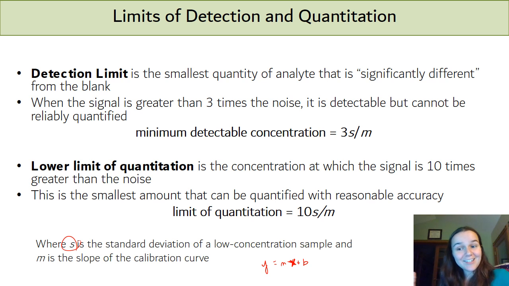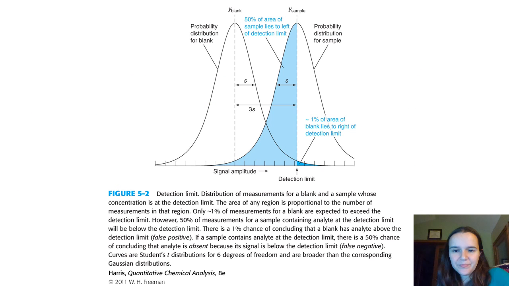Well, okay, if you can just detect it, can you really know that you've got it quantified accurately? The lower limit of quantitation is your concentration where the signal is 10 times greater than the noise. And you can trust that you can get that with reasonable accuracy. So it's defined as 10 times this standard deviation divided by the slope of the calibration curve.